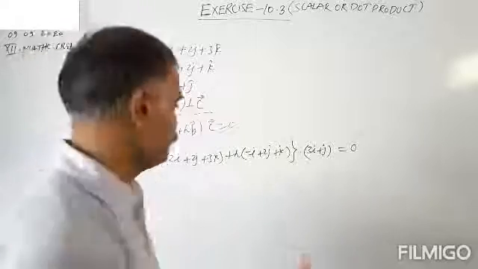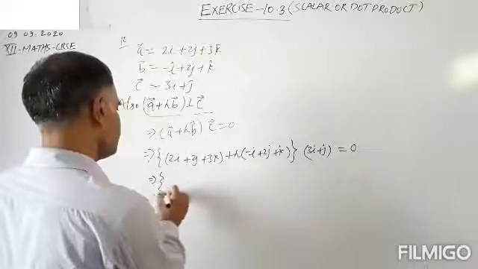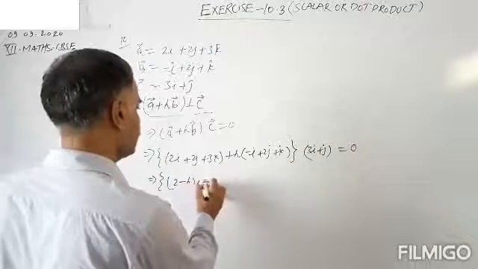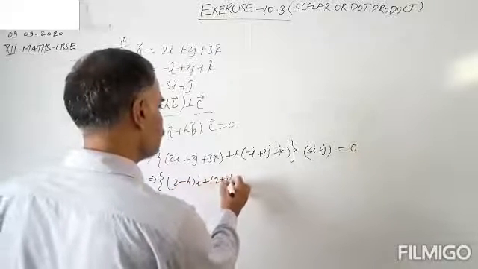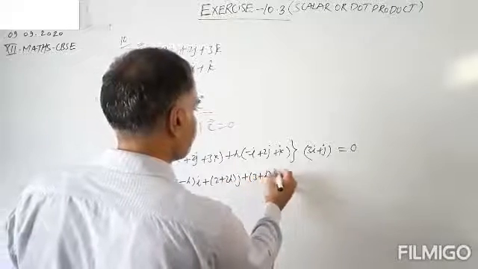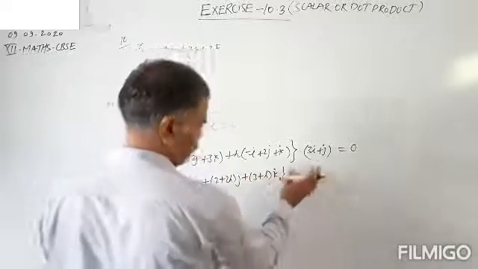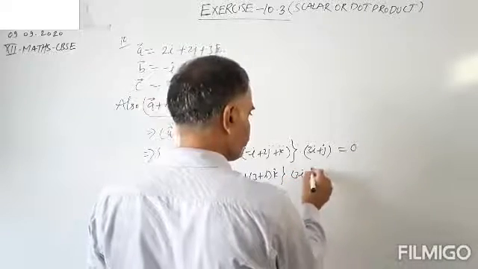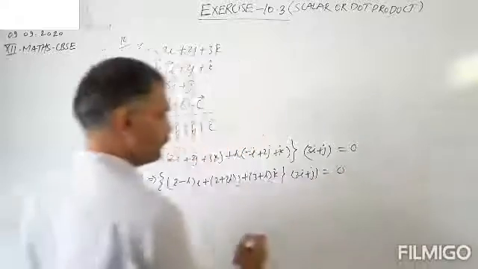Now we have to solve this. So this can be written as 2 minus lambda i cap plus 2 lambda j cap plus 3 plus lambda k cap, dot 3i cap plus j cap, is equal to 0.